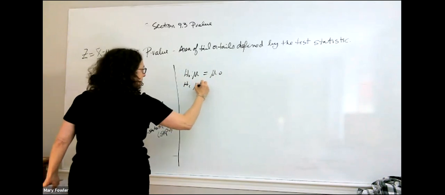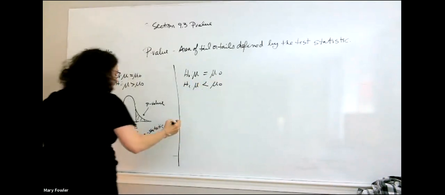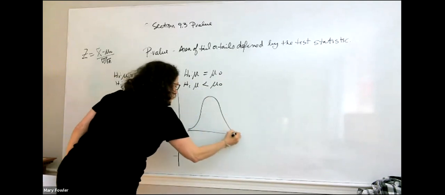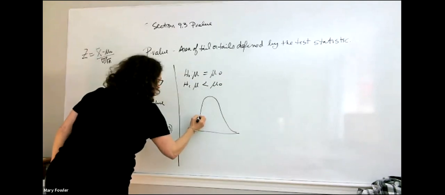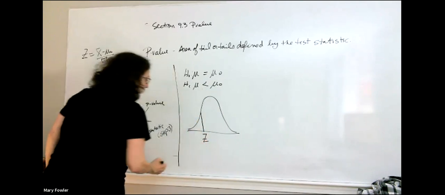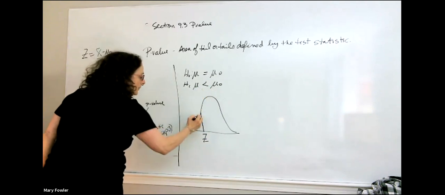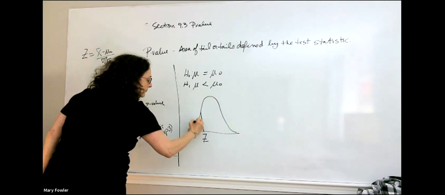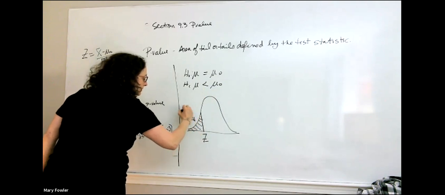So if we had a left tail test, then whatever your test statistic was, maybe it's here, right? Then the p-value is going to be, because of the less than, the left tail.